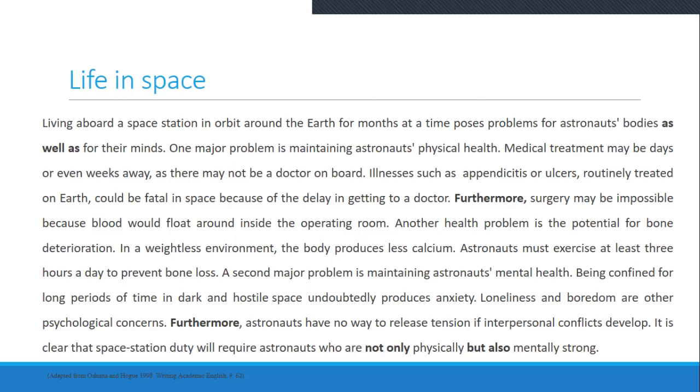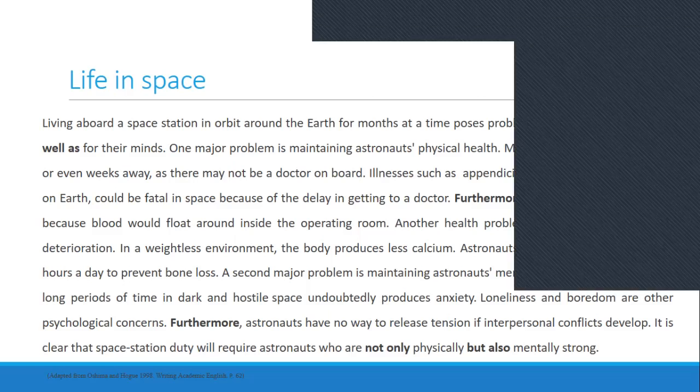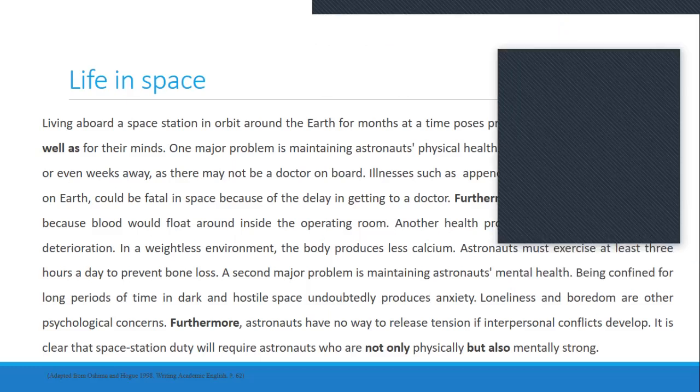Furthermore, what do you normally expect after the word furthermore? Further clarification, yes. Any other example? Further details, yes, Nimesha, yes, Philip.